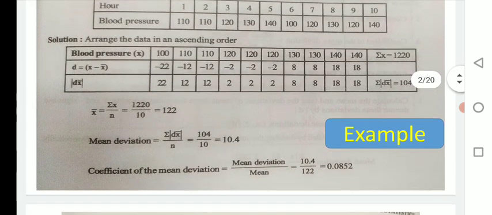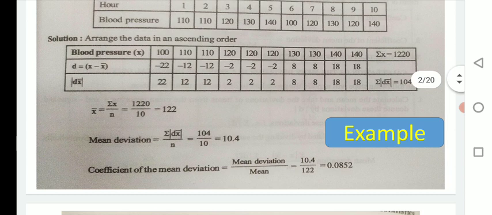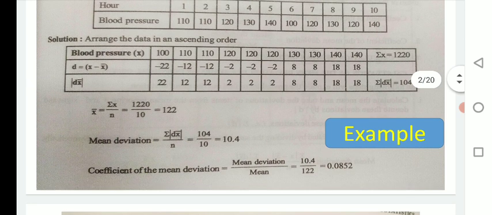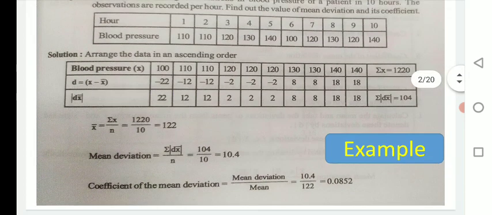Now in the third step, what do we have to calculate? We have to calculate how the individual observations deviate from the mean.